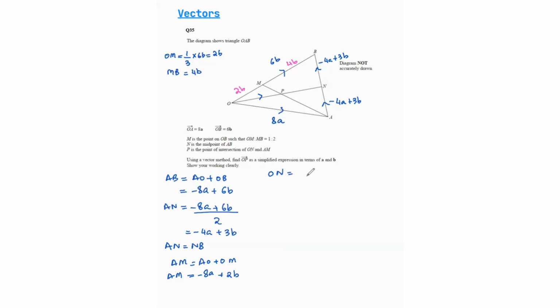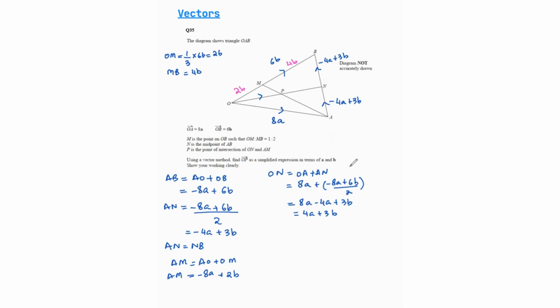ON is going to be OA plus AN. So that's 8a plus negative 8a plus 6b over 2, which is 8a minus 4a plus 3b. That's 4a plus 3b.